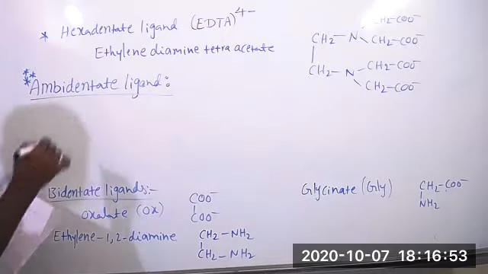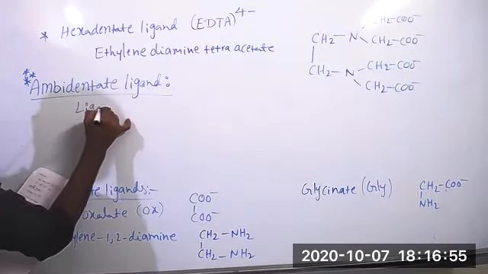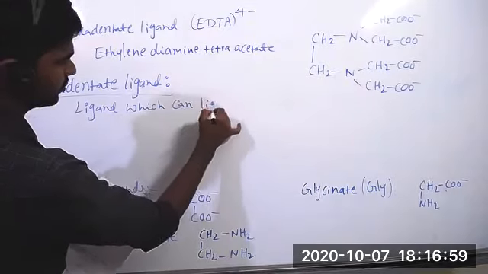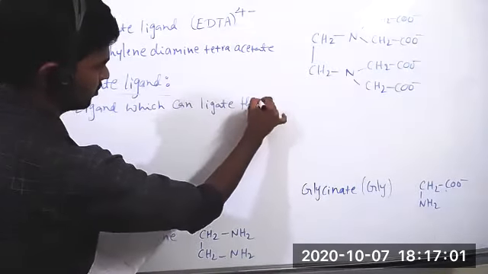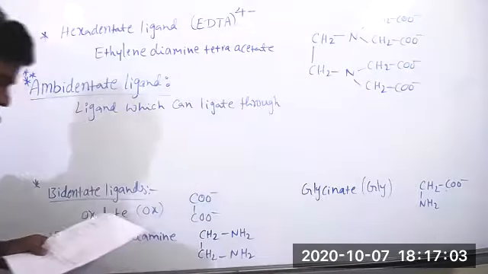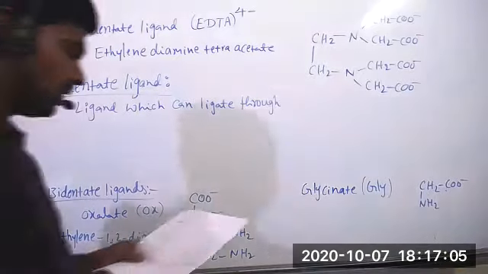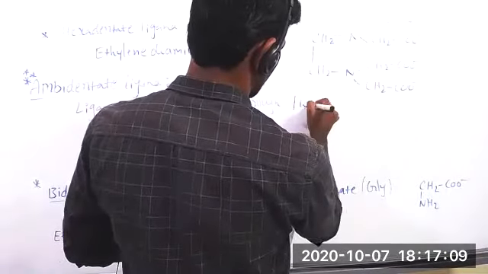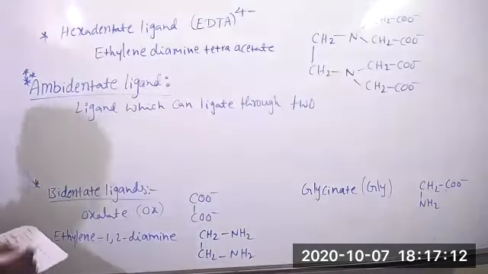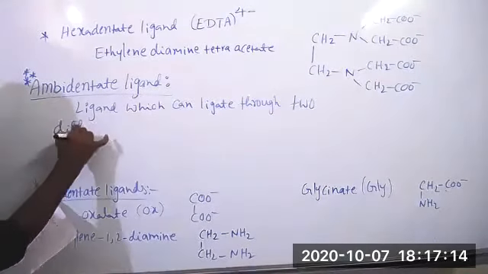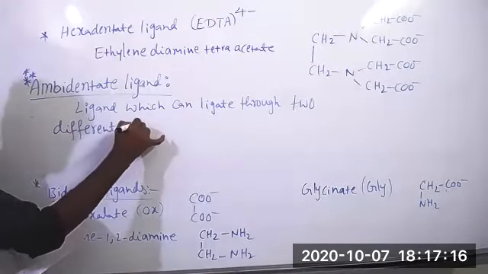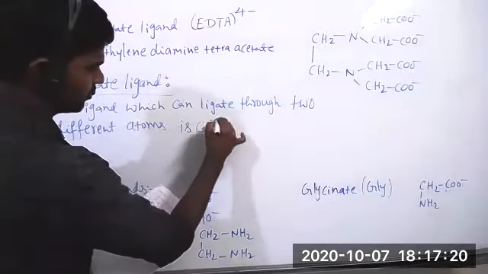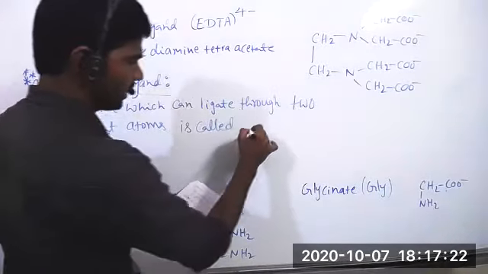A ligand which can ligate through two different atoms is called an ambidentate ligand.